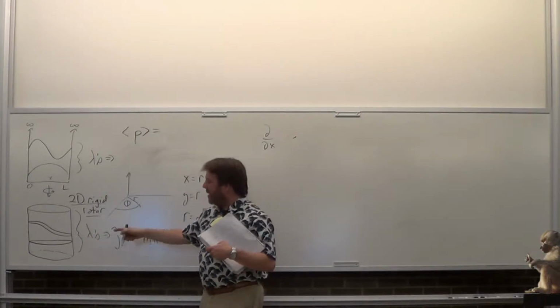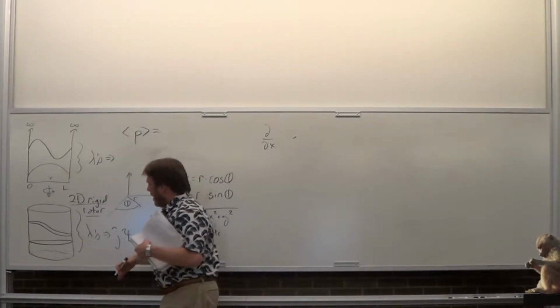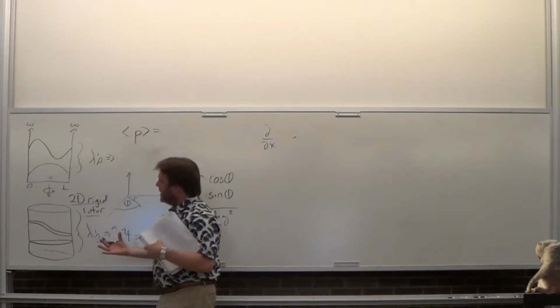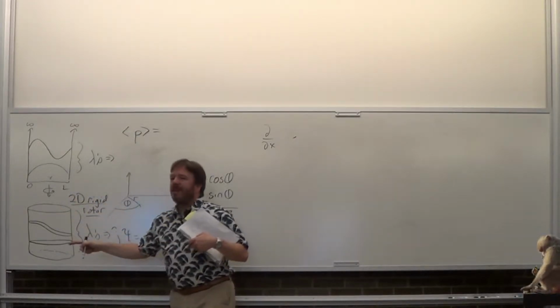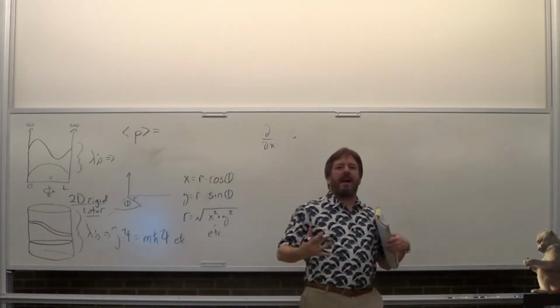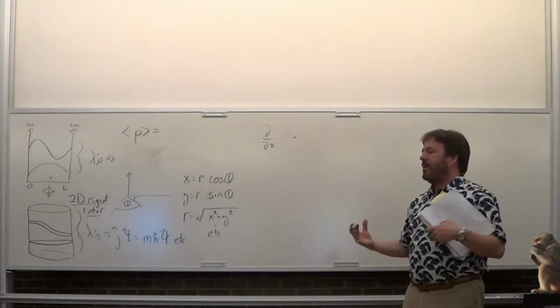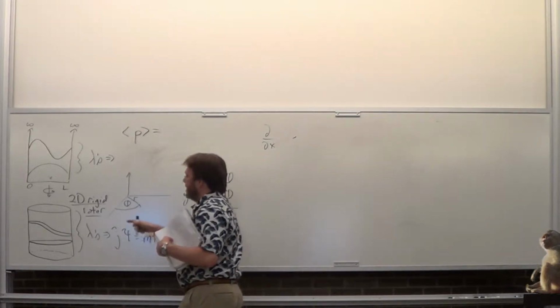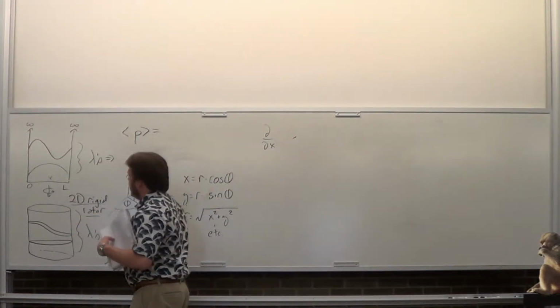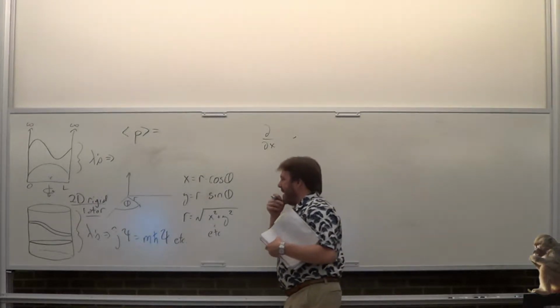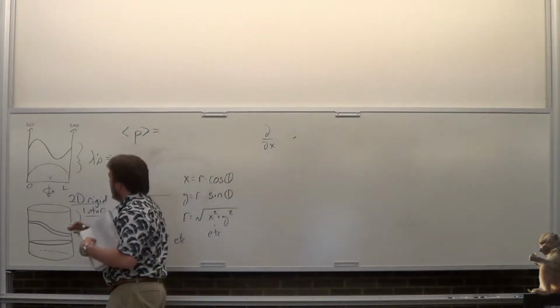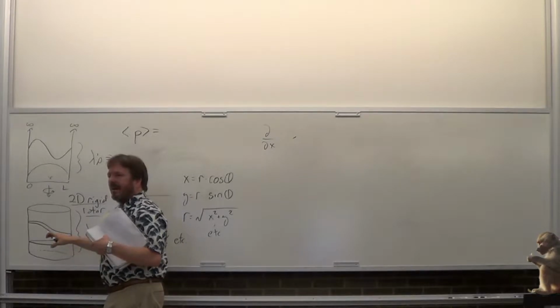Maybe one way to make it more analogous is that everywhere except in this thin track, the potential is infinitely high. So maybe it's like a 3D object, but everywhere except this circular, two-dimensional, infinitely thin disk, the potential is infinity. Regardless, does that kind of answer your question?